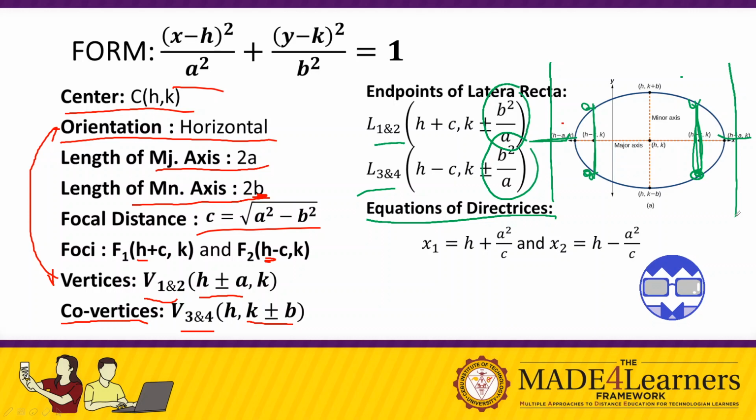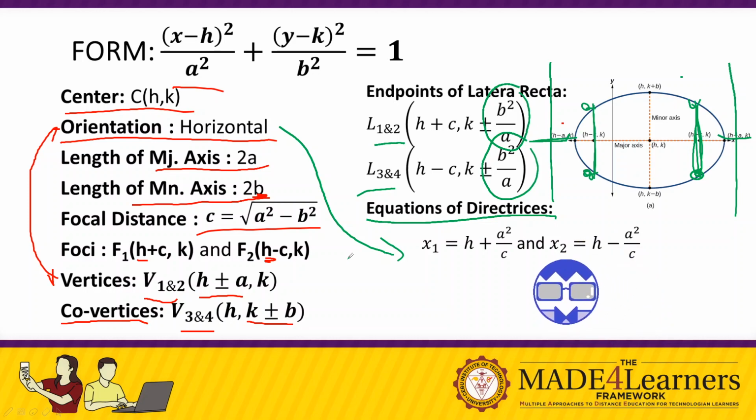The orientation is horizontal, hence for our directrix we have x and h. So we have x sub 1 equals h plus a squared over c, and x sub 2 equals h minus a squared over c. Those are the important elements we need to find if it's horizontal.